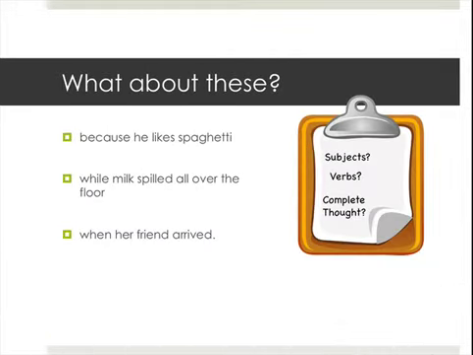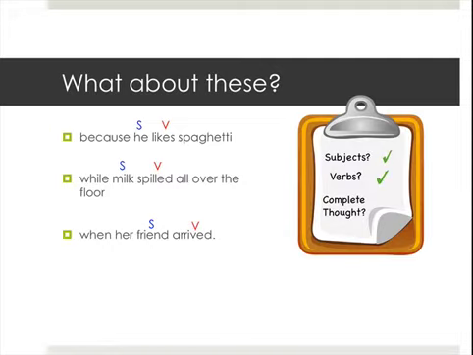All right. Now, let's look at these. Because he likes spaghetti, well, milk spilled all over the floor, and when her friend arrived. Do they have subjects? Yes, they meet that test. All three of these clauses have subjects. Do they have verbs? Well, yes, they do.